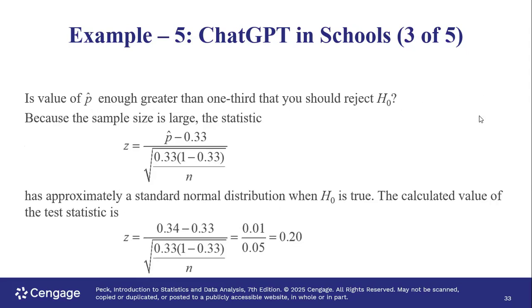So divided by 100. And hit enter. The test statistic in my calculation comes out to be 0.21, very similar to what they got, 0.20.